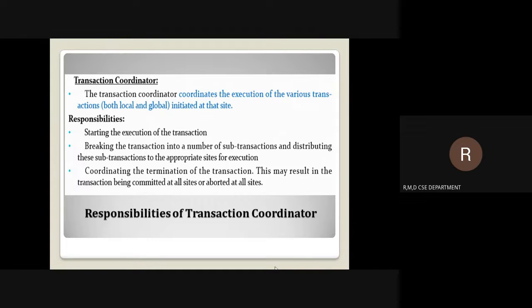The third responsibility is, once the sub-transactions are distributed, to coordinate the termination of the transaction. This may result in either all the sites being committed or all the sites being aborted, depending on whether the sub-transactions complete successfully or not.